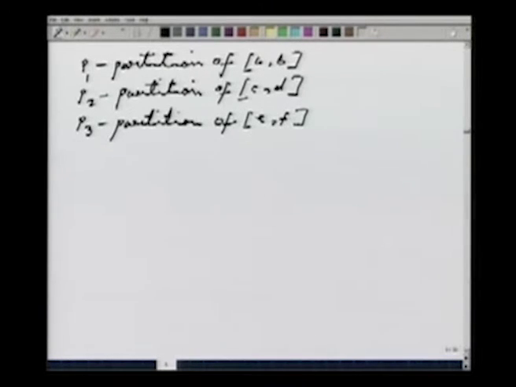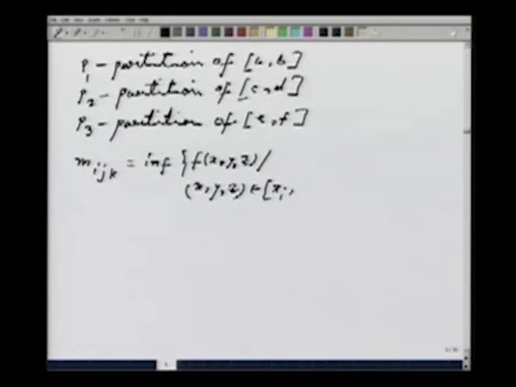Then I define m_ijk to be the infimum of f(x,y,z), where (x,y,z) belongs to [x_i, x_{i+1}] cross [y_j, y_{j+1}] cross [z_k, z_{k+1}].